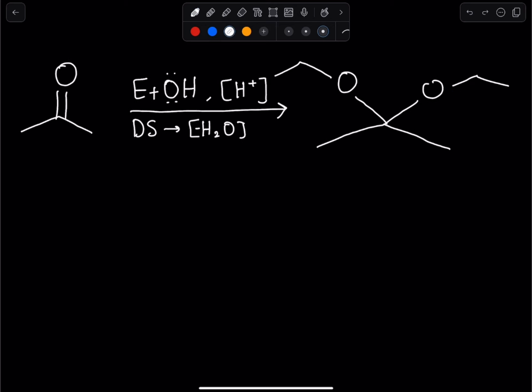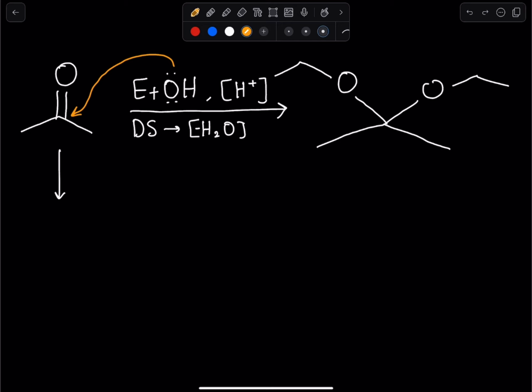So notice how in the reactant our oxygen has no alkyl groups attached, but in the product we do have oxygens with alkyl groups, and where we get those is obviously the ethanol. So at some point the ethanol oxygen has to attach itself to this carbonyl carbon.